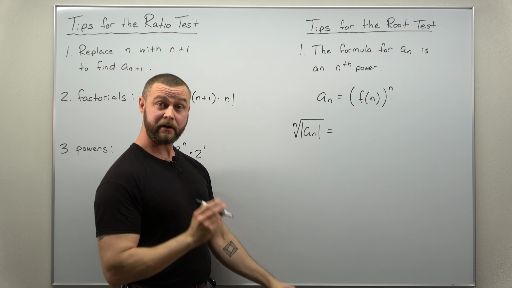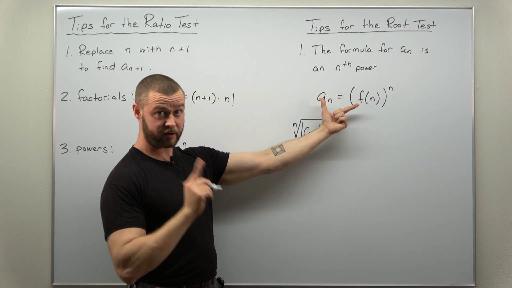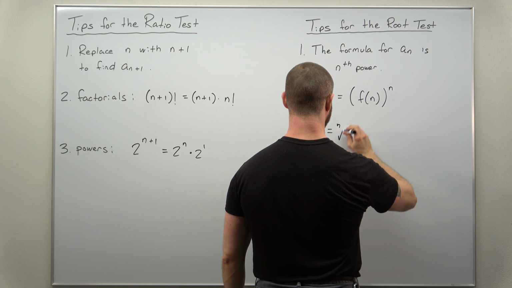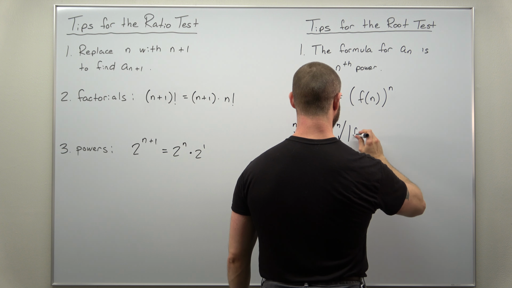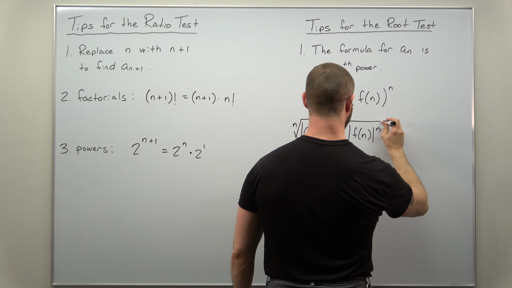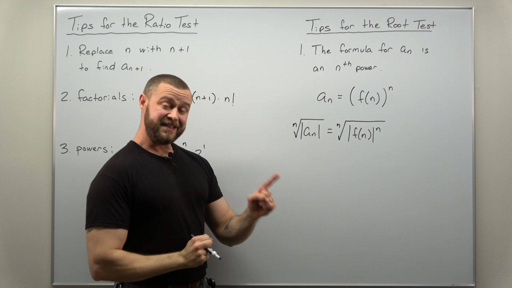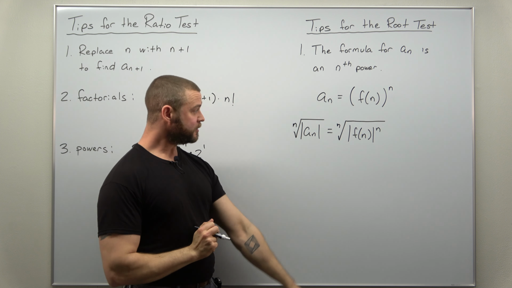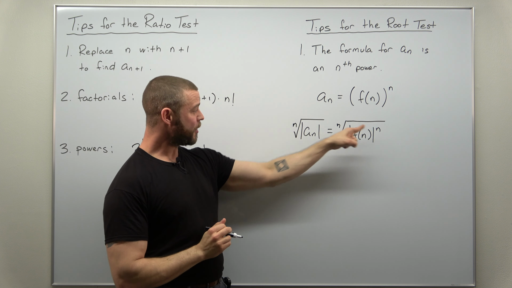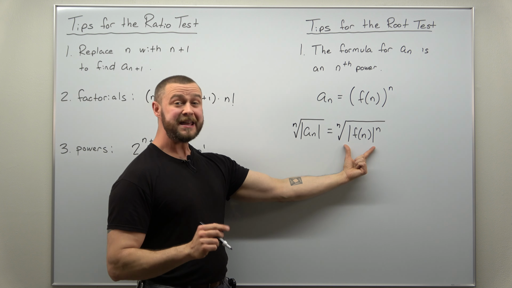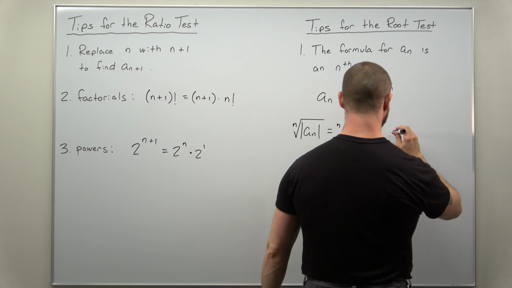And if we go ahead and plug in our formula here for this general example, we're going to have an nth root of the absolute value of that function. I'm just going to bring the power outside of the absolute value. And what we're going to notice here is that an nth power and an nth root should cancel, but be careful to keep the absolute value there.